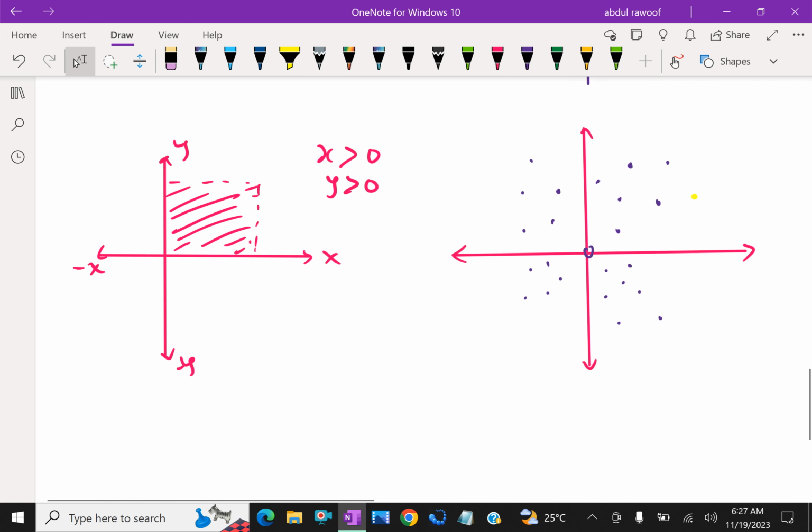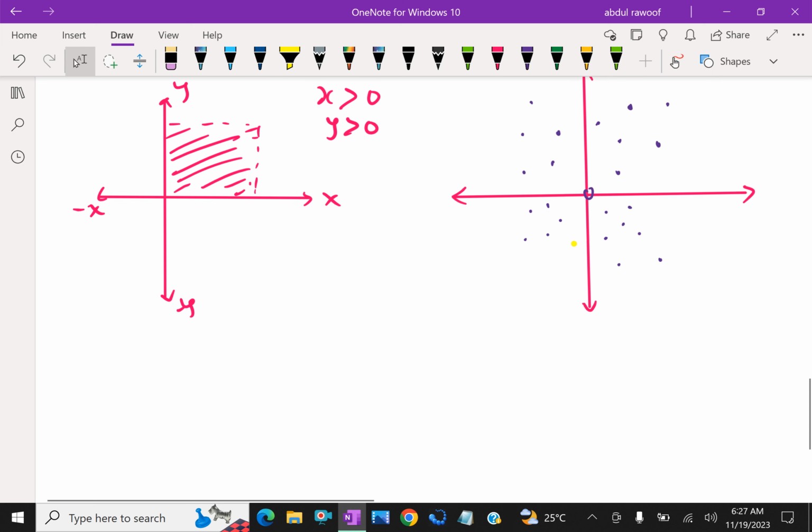Here, these are all points related to x and y with some relation. We cannot exactly say this relation. This is a dispersed point.